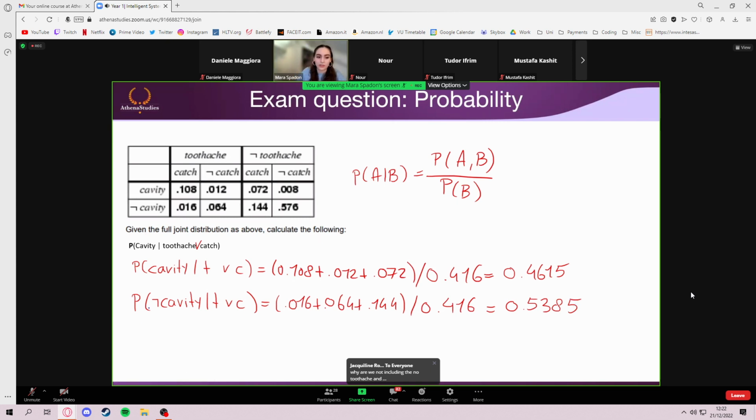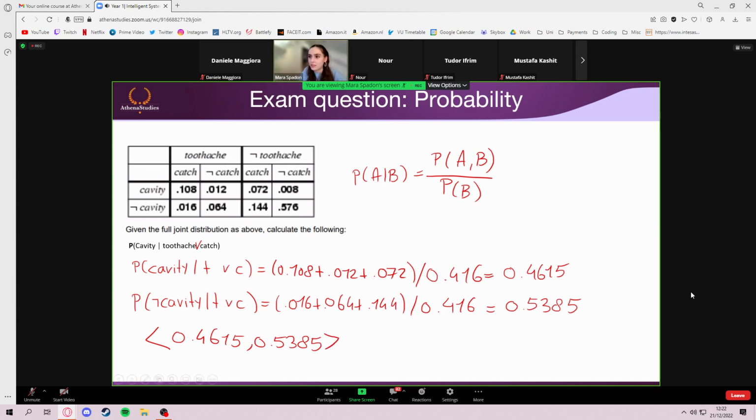Exactly. So then the vector is 0.4615, comma 0.5385, and then the closing bracket.